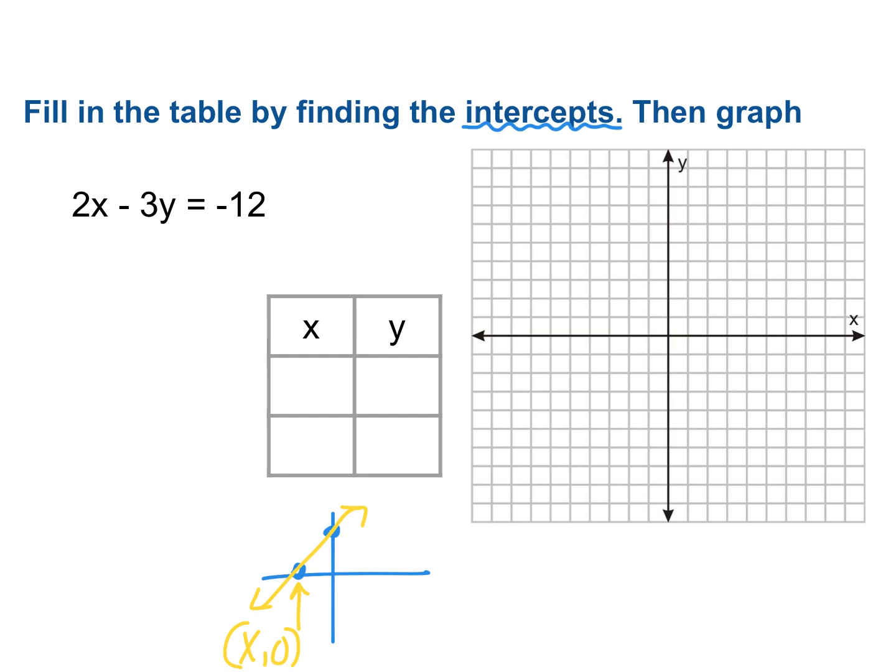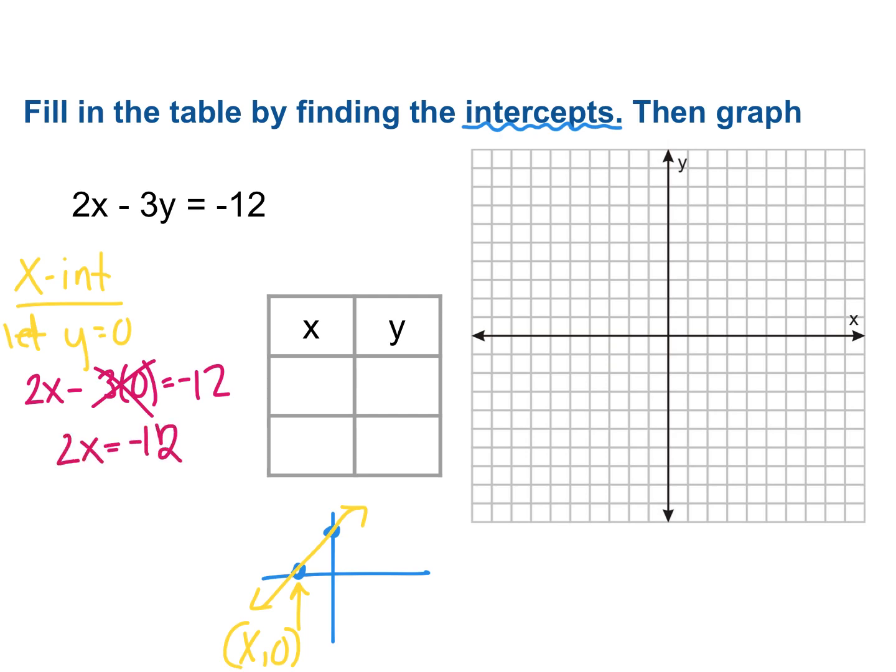So what I'm going to do to find an x-intercept is I let y be 0. And then I solve my equation. So it would be 2x minus 3 times 0 equals -12. This is 0, so I just get 2x equals -12. Divide by 2, and I get x equals -6.